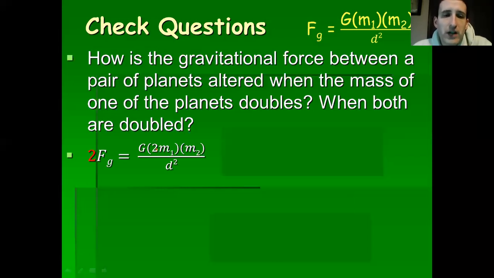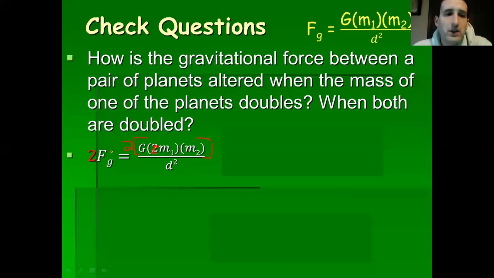Well, we understand the laws of algebra, that multiplication is commutative and that we can factor the 2 out. So if we took the 2 out, now it's not there anymore. Now we've got big G, M1, M2 all over d squared. In other words, we have exactly what we started with originally, just all of that times 2.